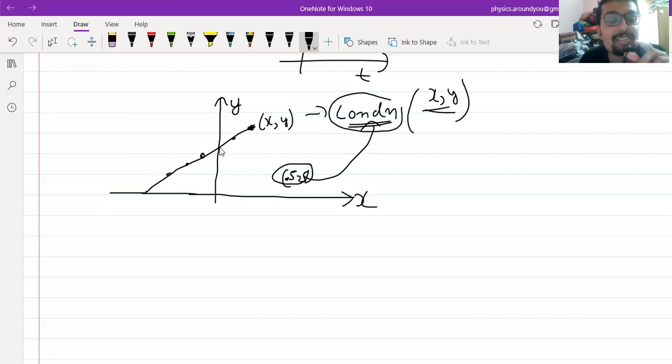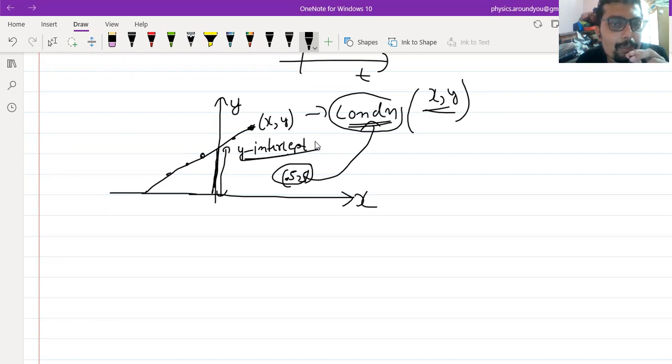That condition is called the equation of the line. Now, how can I make the equation of the line very easy for you? Just remember this. This value is called the y-intercept.